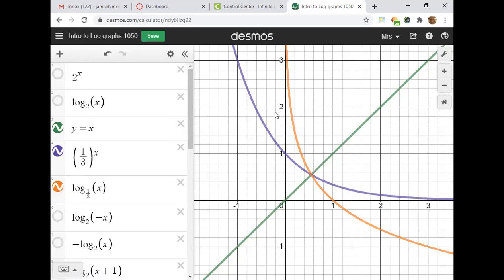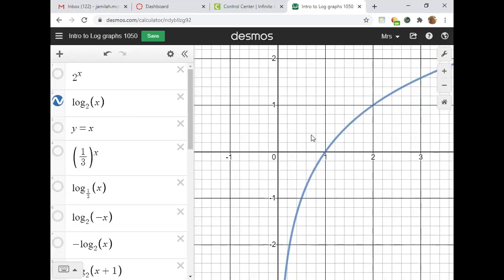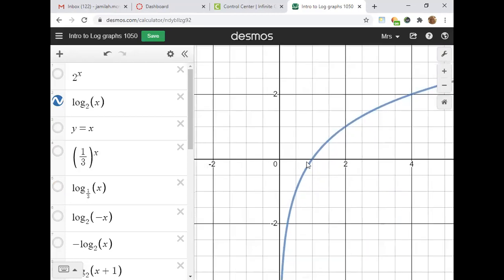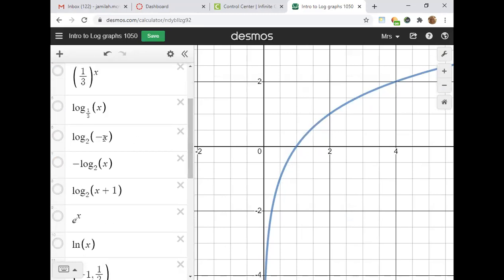All right. The only other thing that you need to be able to do is graphing with transformations. So if I've got y equals 2 to the x right here, and I transform it, what does this do? What's going to happen if I just make the x negative?